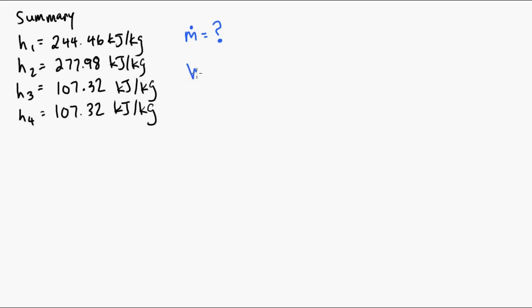Now we need to find the mass flow rate. We know the total work done by the compressor, and we can equate that to the mass flow rate multiplied by the specific enthalpy difference.